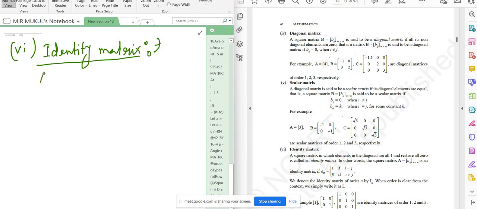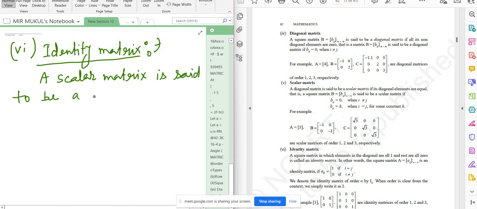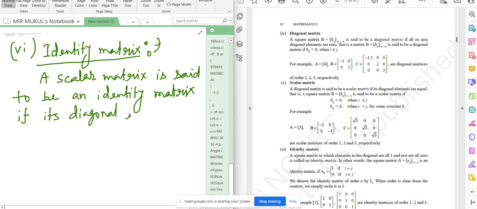So a scalar matrix is said to be an identity matrix if its diagonal elements are 1.